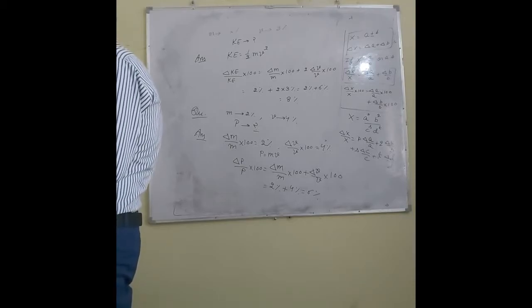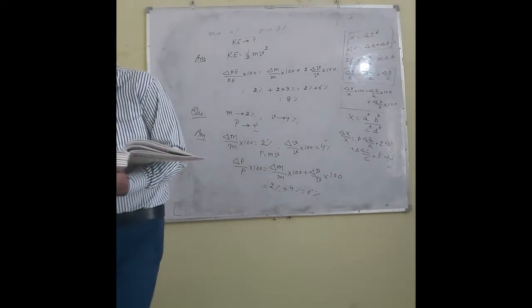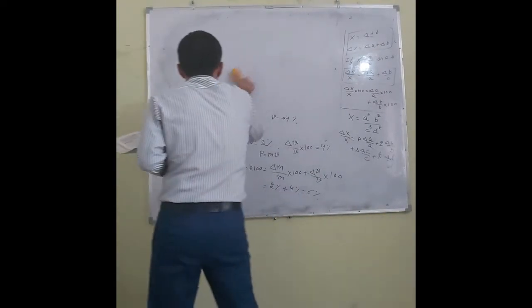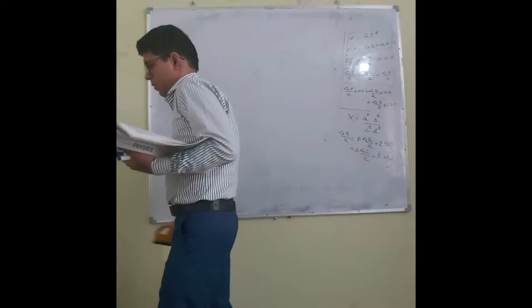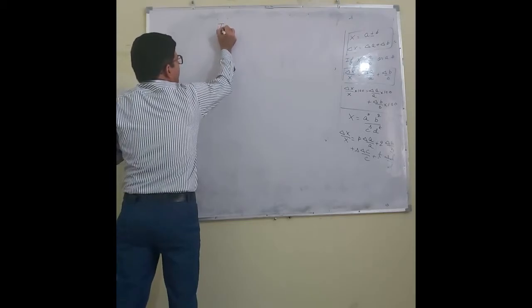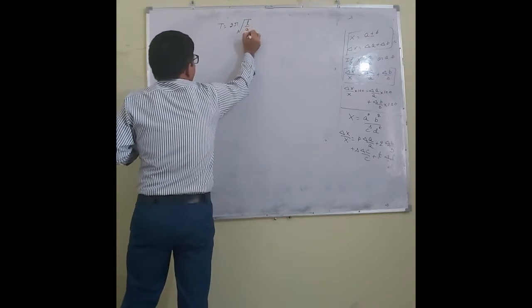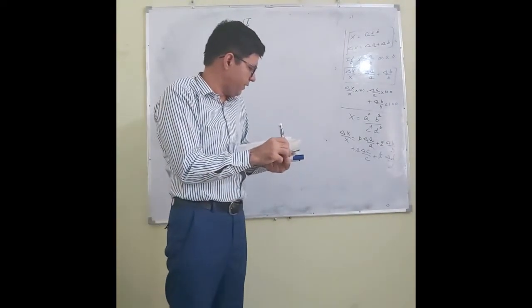Next question is, now we are given the time period of a simple pendulum. Let's do the question which is based on the time period of a simple pendulum. In this question we are given that the time period of a simple pendulum is 2 pi under root L upon G, where T is time period, L is length and G is acceleration due to gravity.